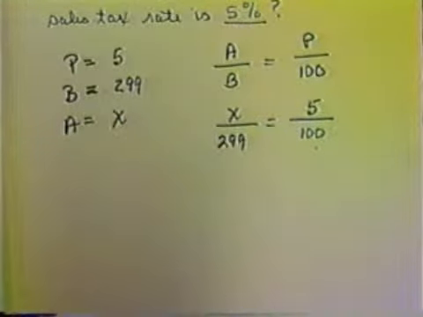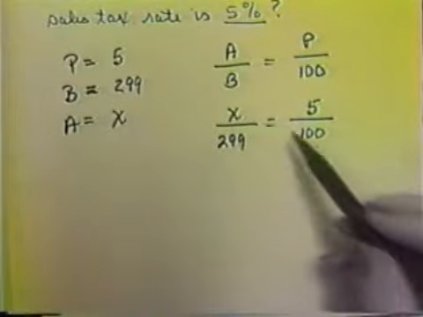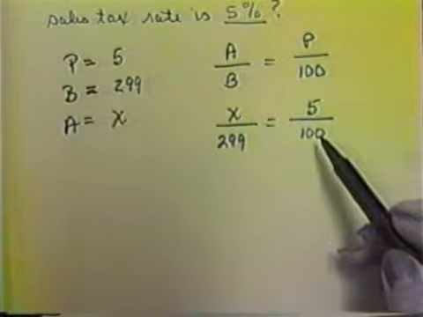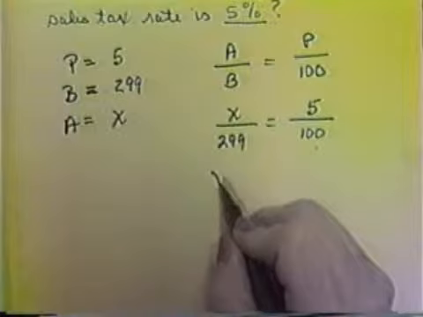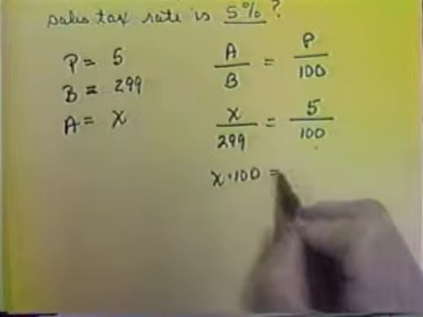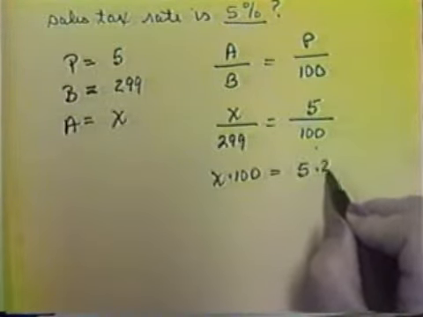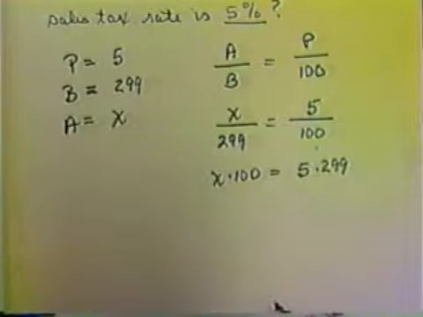Now remember, how do we solve a proportion? A proportion is solved by cross multiplying, multiplying the extremes and setting that equal to the product of the means. So we're going to multiply x times 100, and then 5 times 299.